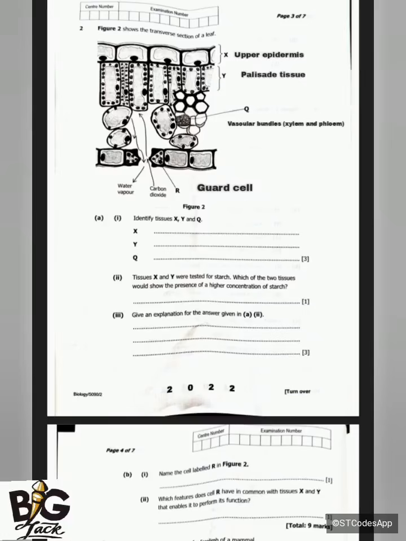So as for X, I was saying X is called the upper epidermis. Then Y is called the palisade tissue. Since they are saying identify tissues, I'm going to say X is called the upper epidermis tissue.